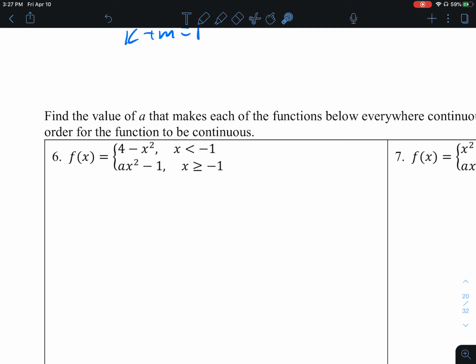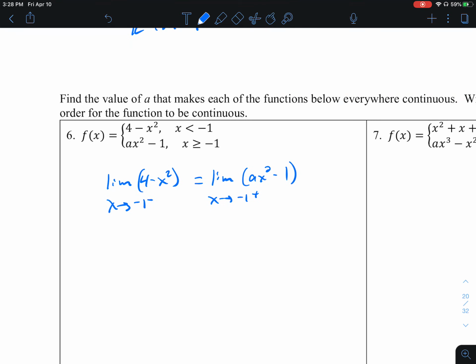Wherever these two quadratics come together, if they come together at the same height, the whole thing's going to be continuous. So that means that the limit of 4 minus x squared as x approaches negative 1 from the left would have to equal the limit of ax squared minus 1 as x approaches negative 1 from the right.